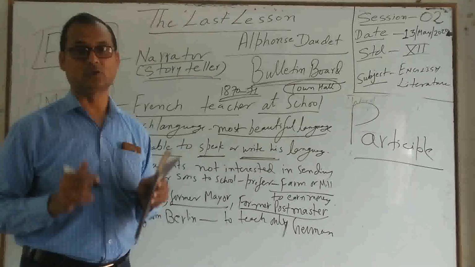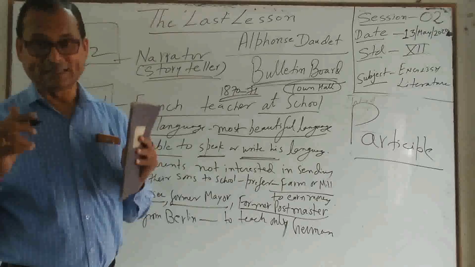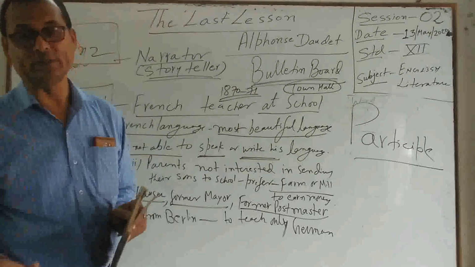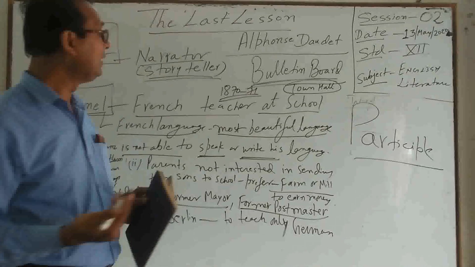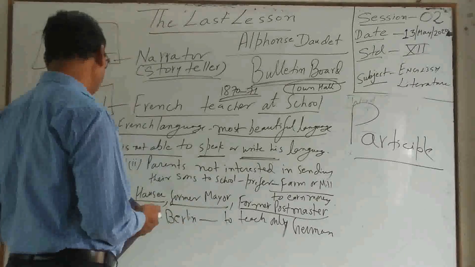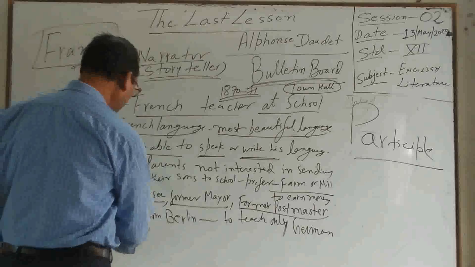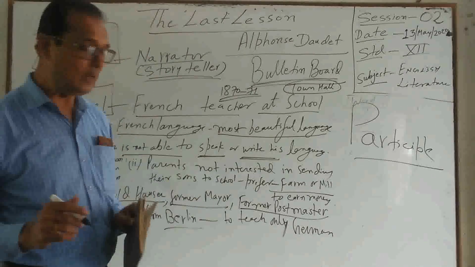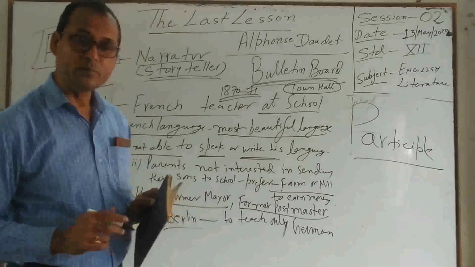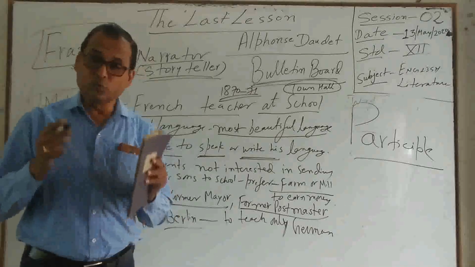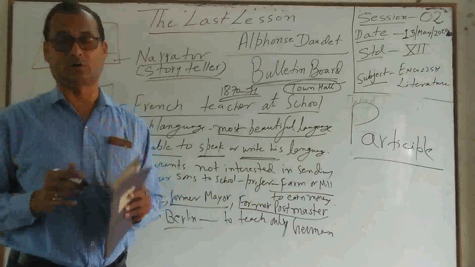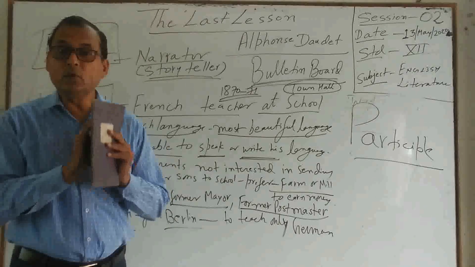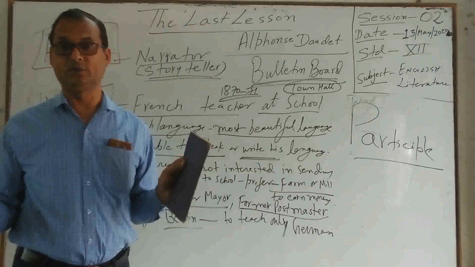Now, first of all, the teacher M. Hamel gives the information. What information does he give? He gives the information that the order from Berlin has come that today after 12 o'clock, there will be no teaching of the French language.